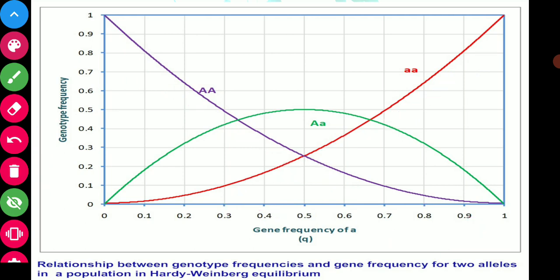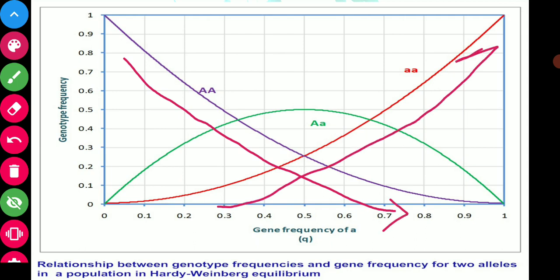I will explain it further. In case of genotype, you can see if the dominant homozygous genotype is decreasing, then the recessive homozygous genotype is increasing. And what about the heterozygote genotype? The heterozygote genotype will first increase and then decrease.